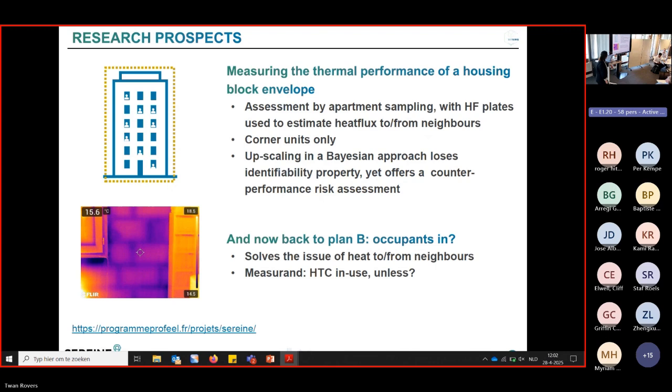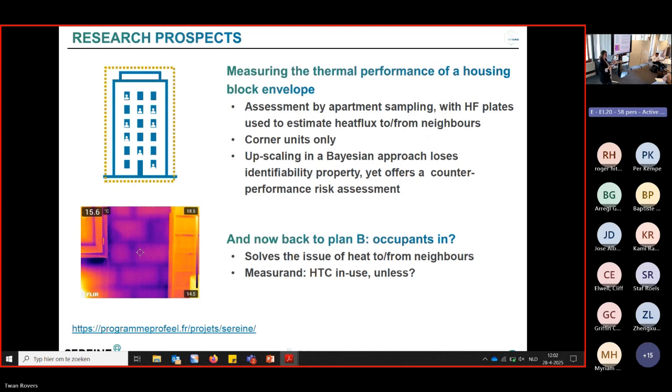So back to square one, we wanted to measure the HTC of housing blocks. In the end, we haven't quite succeeded, because we can measure the HTC of each apartment, of corner units separately, but we were not able to get the HTC of the entire building.